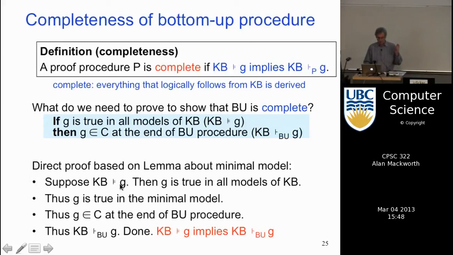So in other words, if G logically follows from the knowledge base, G is true in all models, therefore it's true in the minimal model, therefore G is in C at the end of the bottom-up procedure. Therefore, it's derived by the bottom-up procedure. We're done. Very straightforward proof. But it was this technical idea of the minimal model which was the key stepping stone to get us to prove that theorem.